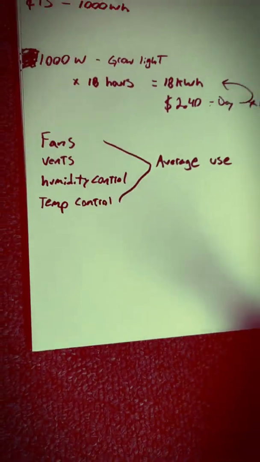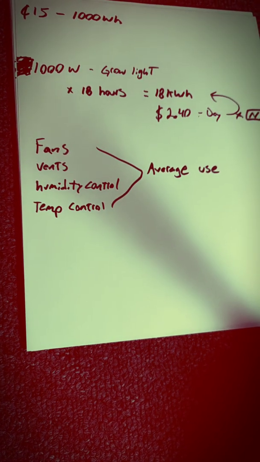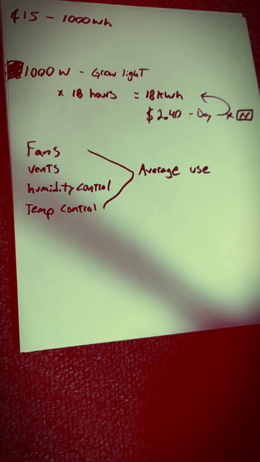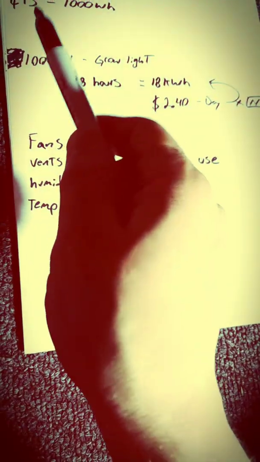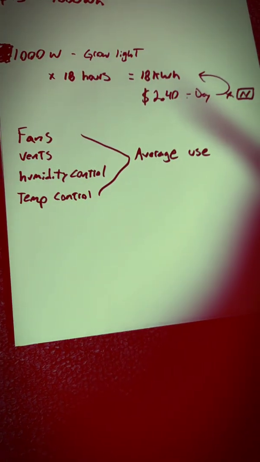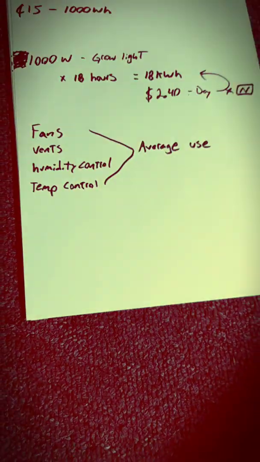So your best way is just to look at the labeling, and maybe even give yourself a little overestimate. I think I only pay like 11.5 cents per kilowatt hour, so it's even cheaper for me. That's just an example. I think that's like the national average or something.